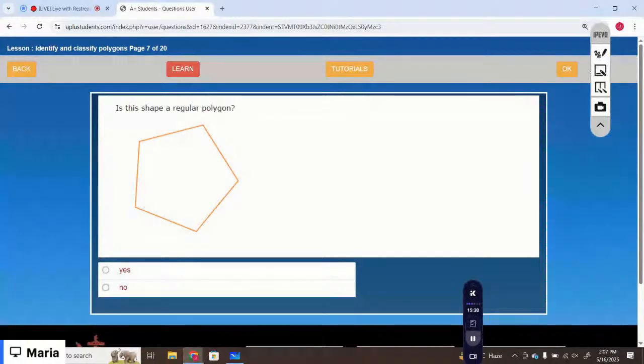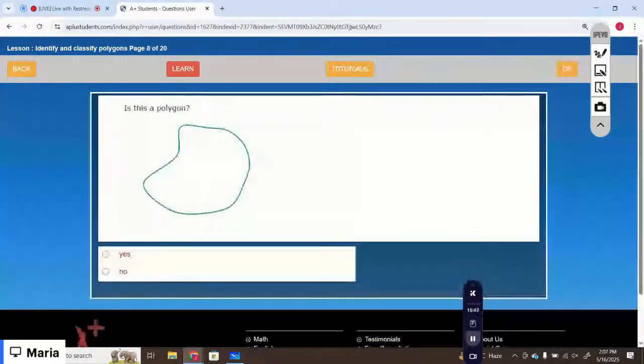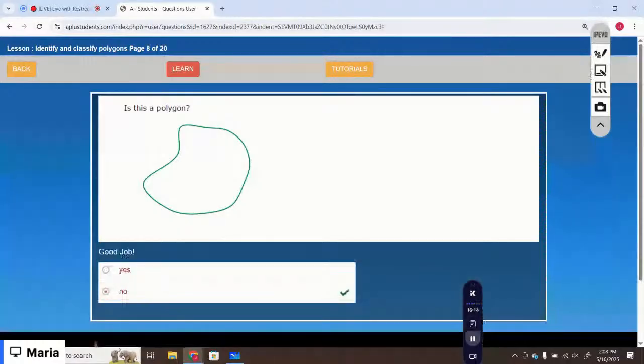Yes, it is a regular polygon. The correct option is yes. Is this a polygon? No, that is not a polygon. That is a closed shape, but a polygon must have straight lines, so that is not a polygon. The correct option is one.